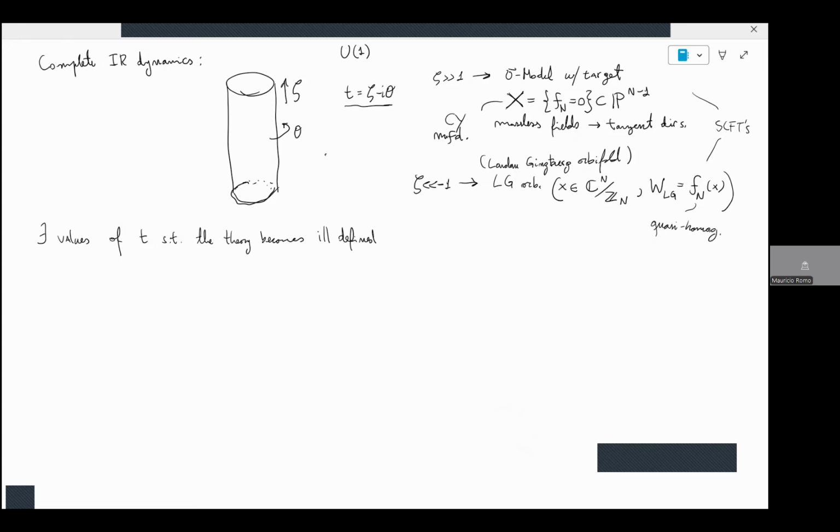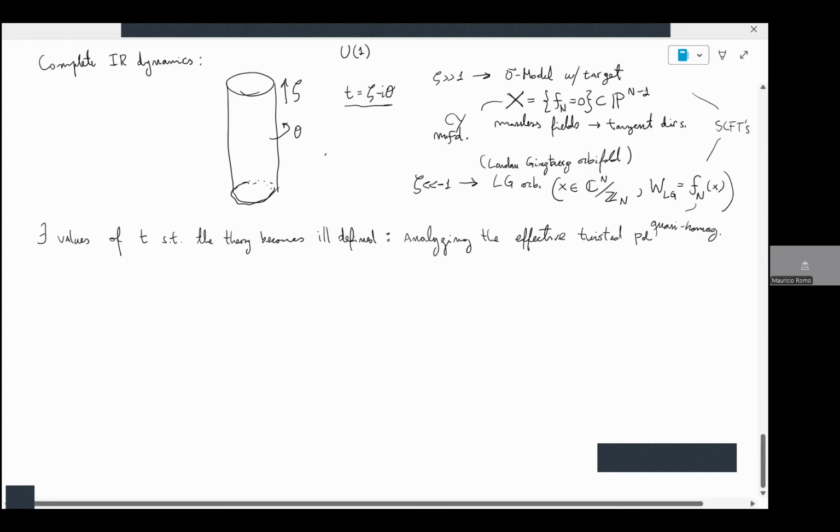And the way to do it is by analyzing something called the effective twisted potential. That means the region where the VEV of sigma is very large.